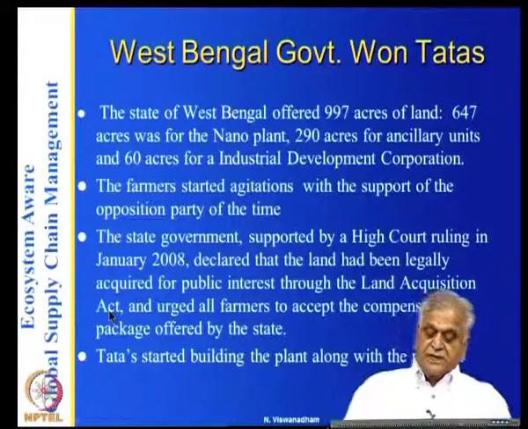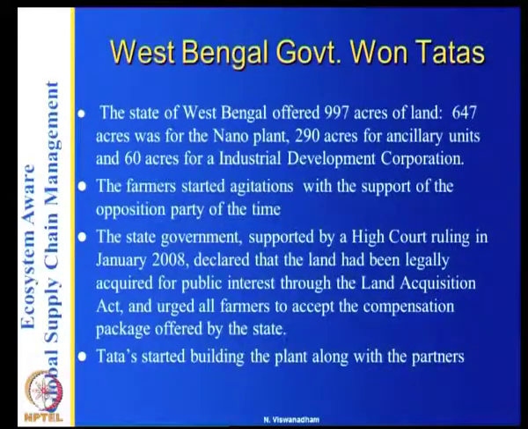And Tata started building the plant along with the partners. So, the issue here is there is a vision to have a low-cost car affordable for lower middle class families, and the state government wanted to have that plant so it can create jobs, boost employment potential and the economy of the state.